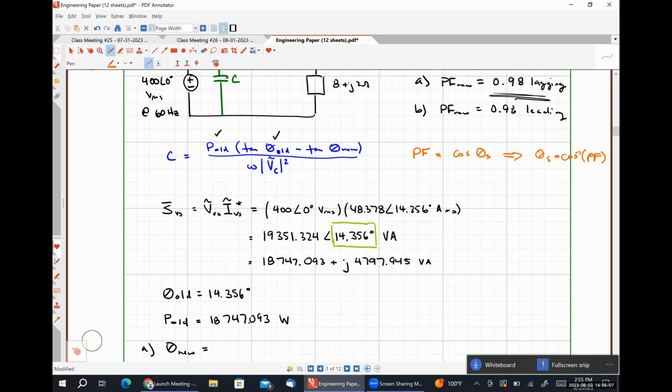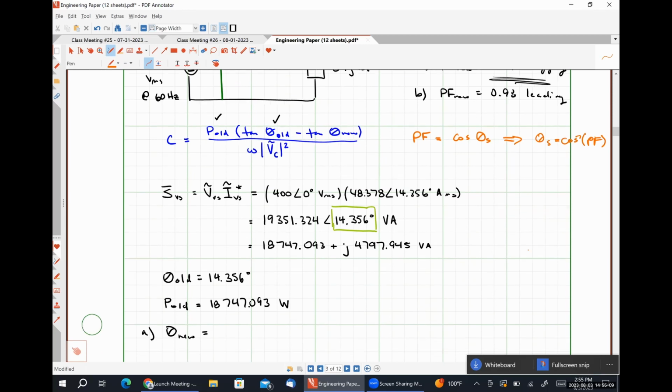Yes, effectively. So we are going to have theta nu as the inverse cosine of 0.98, which is going to come out to be 11.478 degrees.